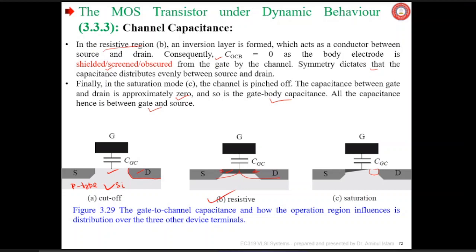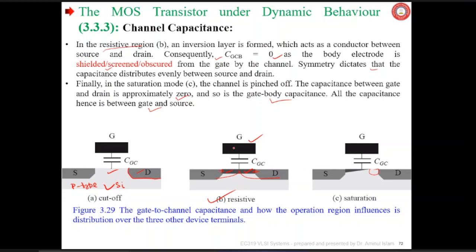Let us go ahead. In the resistive region, an inversion layer is formed, which acts as a conductor between source and drain. Consequently, CGCB equals 0, because this conducting path, the inversion layer, is shielding the body.